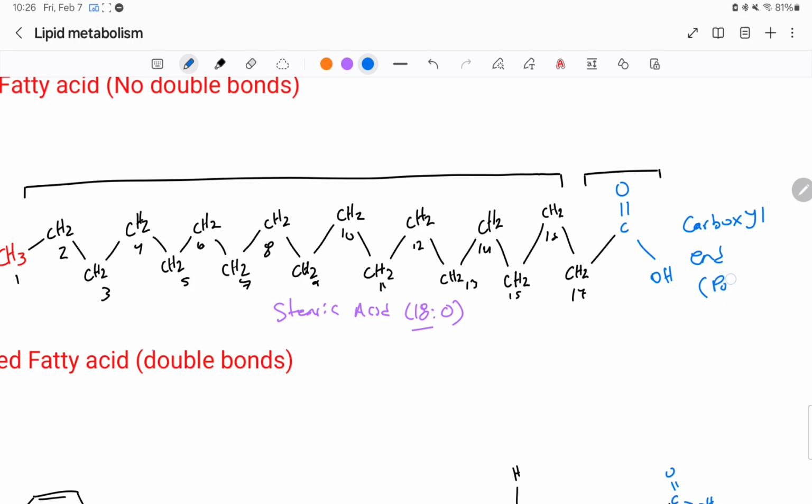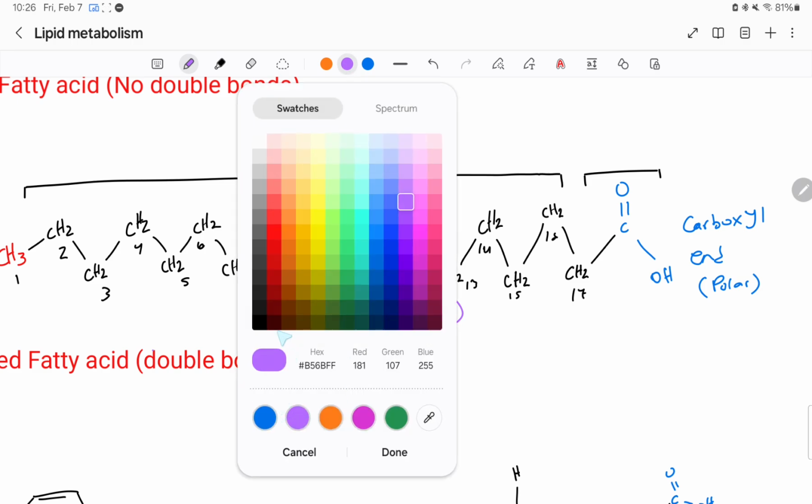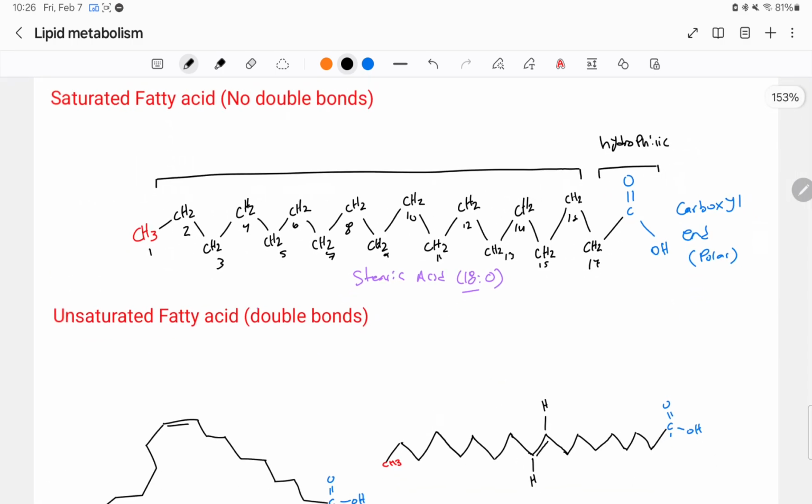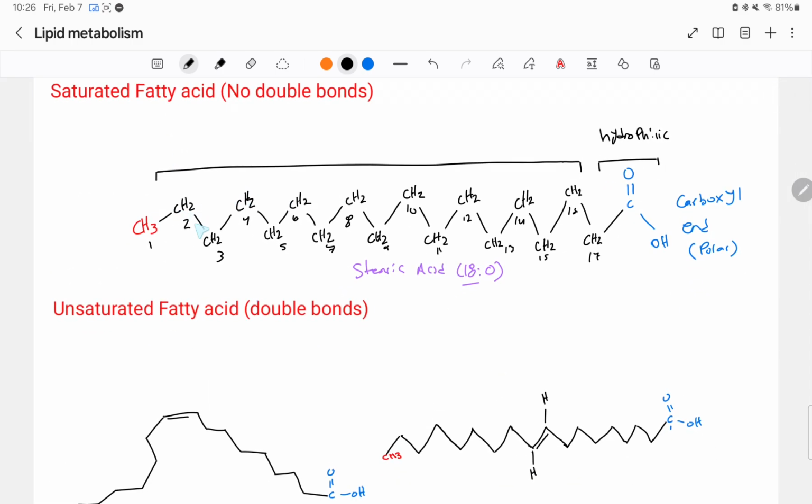This group is actually polar. You know what that means? That means that this specific region right here is going to be hydrophilic. So because of this polar end, this region of the fatty acid is hydrophilic, meaning it's soluble in water. But the rest of this hydrocarbon chain, what did I just say?